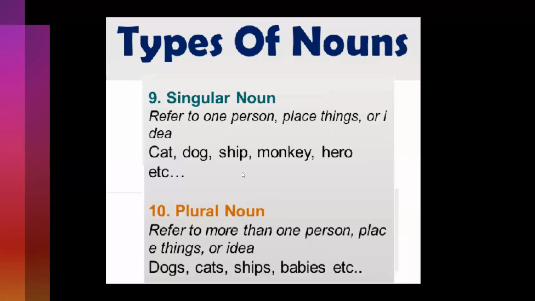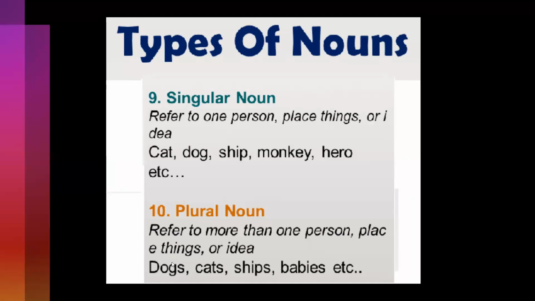Singular nouns refer to one person, one place, one thing, one idea. For example, cat, dog, ship, monkey, hero. Or plural nouns, that is when we refer to more than one person, place, thing, or idea.